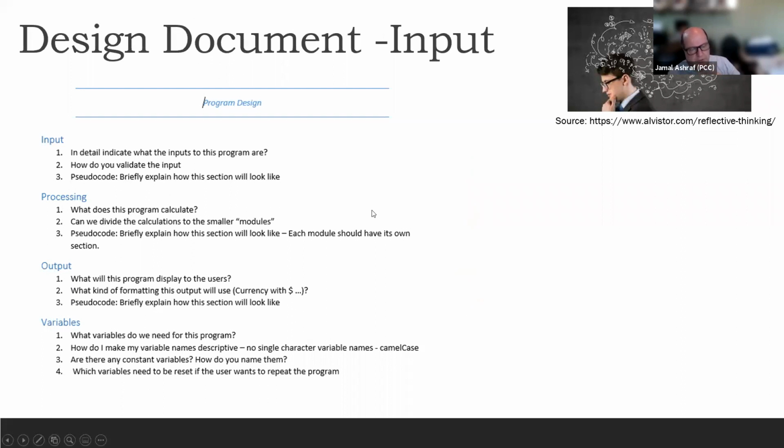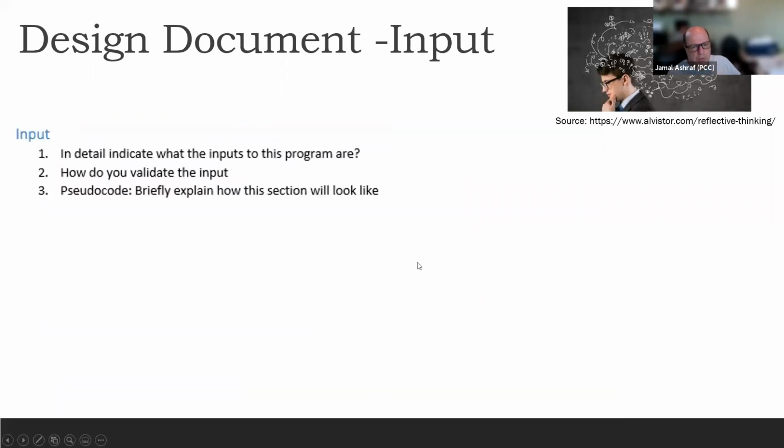Okay, so let's talk about the input. The input is what is coming into my program. In detail, I'm going to define what's coming into my program. And the next question is, how do we validate the input? First of all, the computer doesn't have unlimited space.